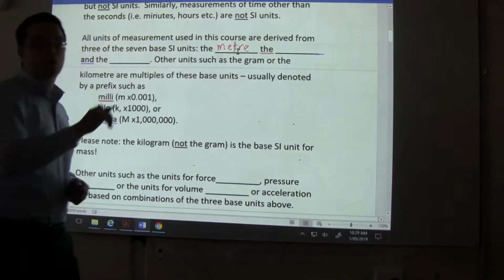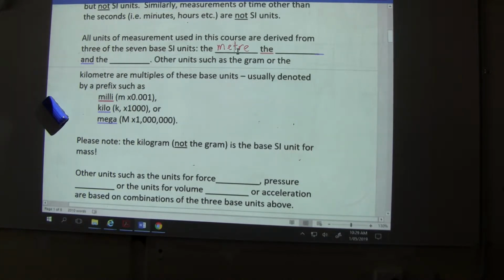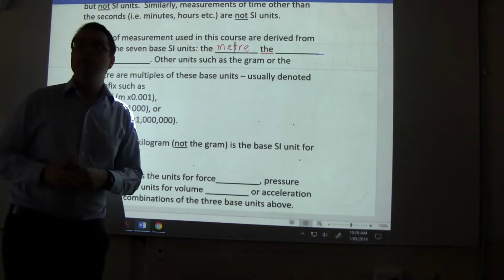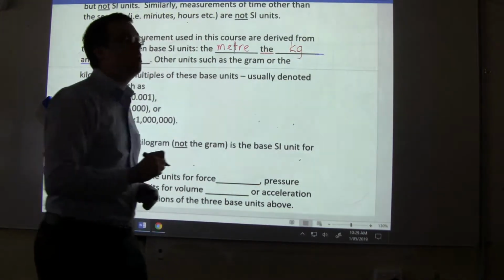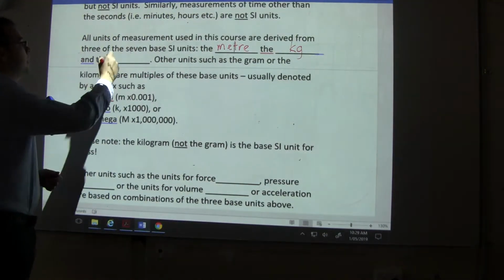In Commonwealth countries it's spelled RE. A meter with an ER is something that measures, like an odometer. That's spelled ER. So we have the meter. What's the one for weight? Kilogram. And what's the one for time? Second.